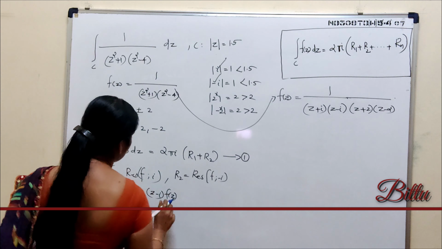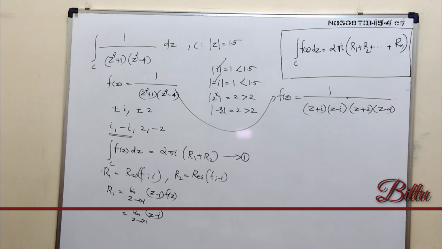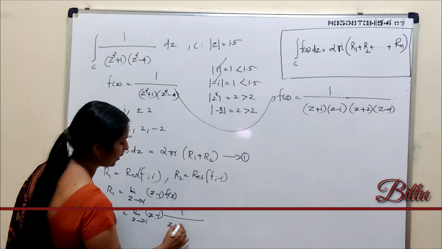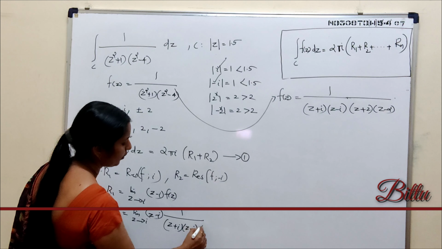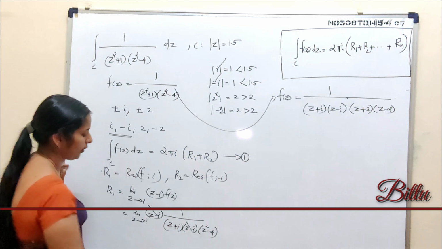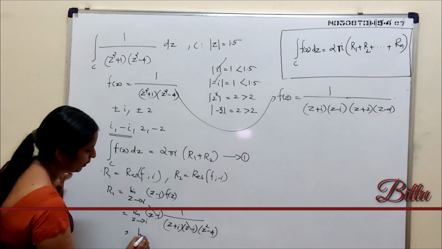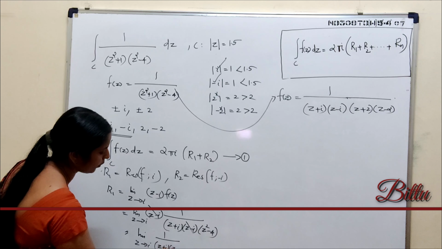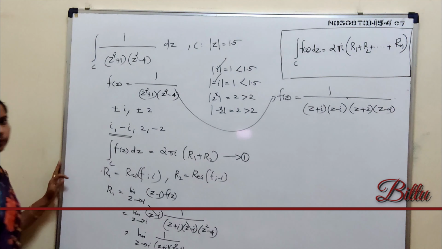By substituting f(z) here, I have to put its factorized form: 1 by (z plus i)(z minus i) into, you can consider it as, z square minus 4. You make the cancellation. That is the limit as z tends to i of 1 by (z plus i)(z square minus 4).